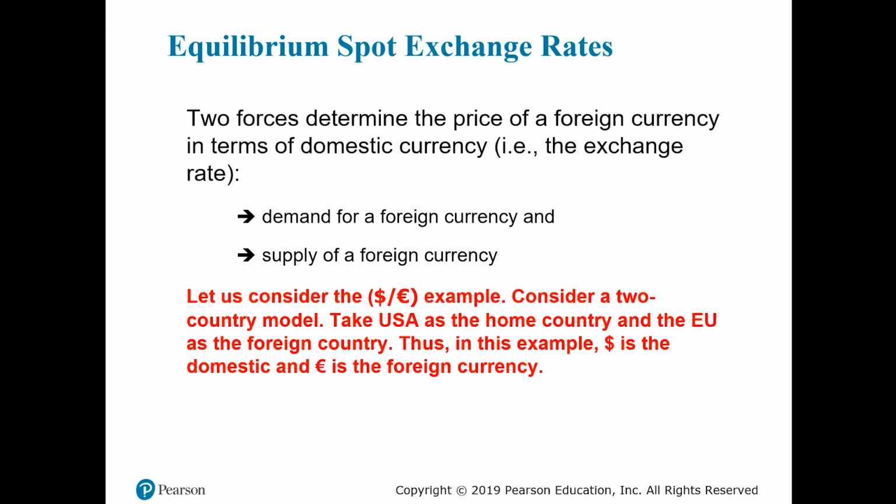So let us consider the dollar per euro example. It's a two-country model. Take the USA as the home country and the European Union as the foreign country. So US dollar is the domestic currency and euro is the foreign currency.